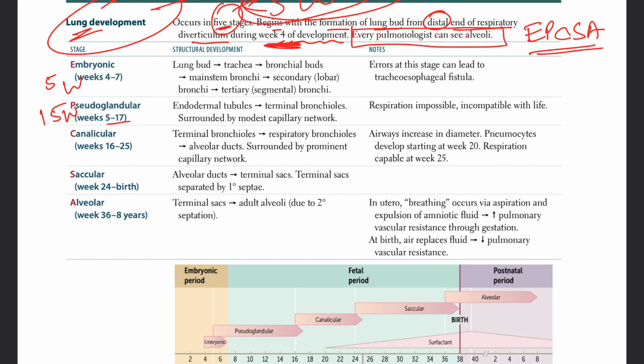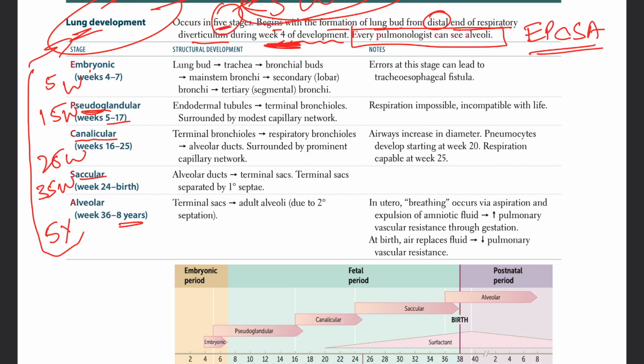If they say 5 weeks or less than 5 weeks, you're going to think about embryonic. If they say 15 weeks or less, you're going to think of pseudoglandular. If they say 25 weeks or less, you're going to look for canalicular. If they say 35 weeks, then you're going to look at saccular, and you can just call the last one 5 years, but it's already 8 years. So think about everything as 5.